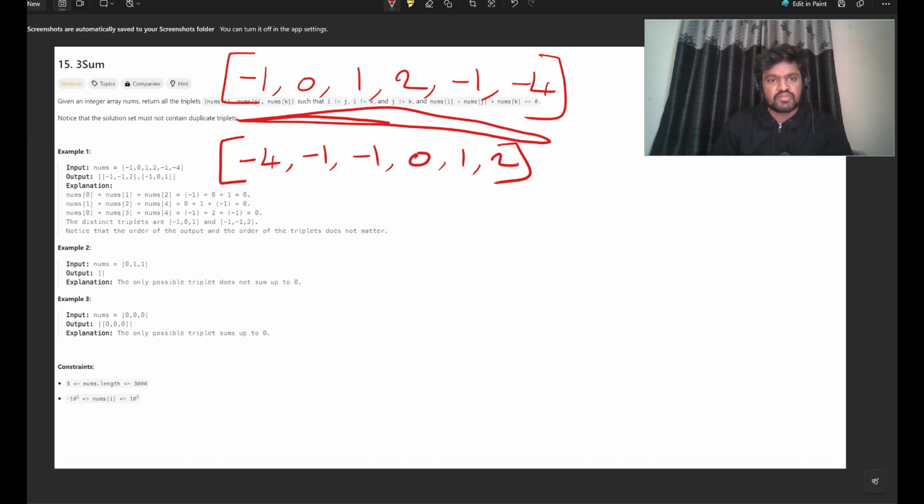When it is ordered, you can see one thing: on the left is the extreme lower number, -4, and here is the extreme bigger number, +2. If there is one more, like 4 or something, it's going to be here, correct? So it will be the extreme positive number.